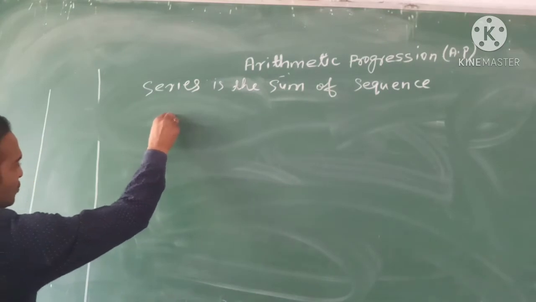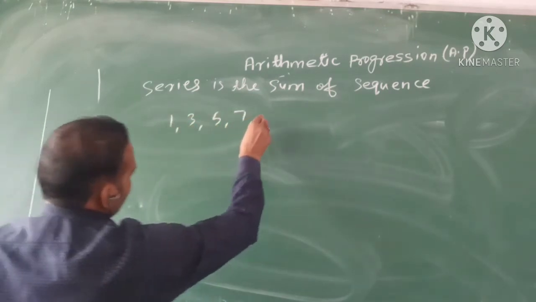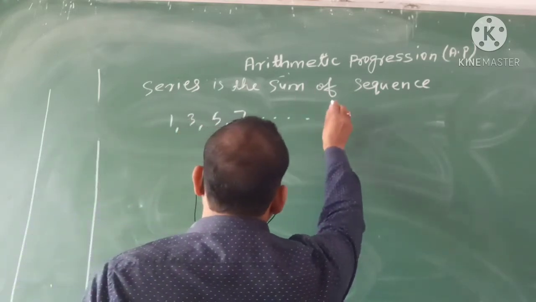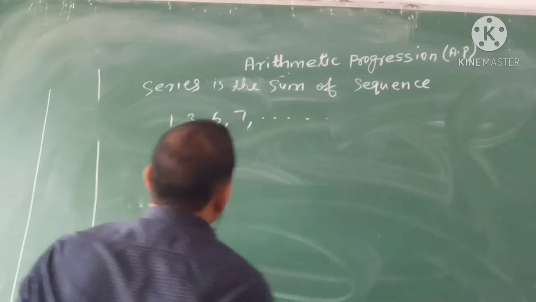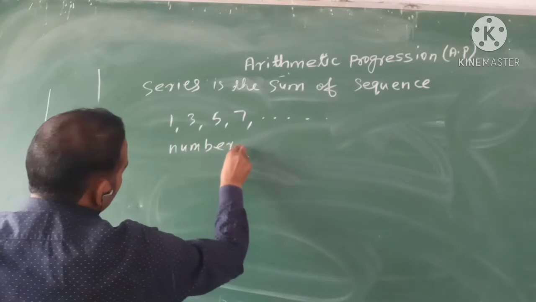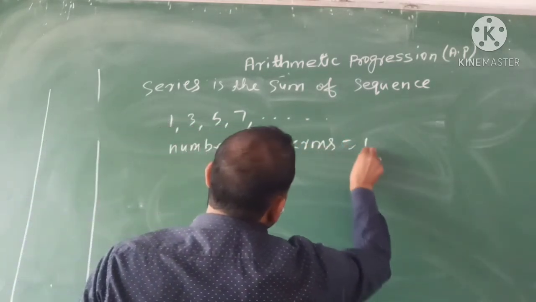Suppose we have a sequence 1, 3, 5, 7, and so on. We don't know the last term, and the number of terms is equal to 10.